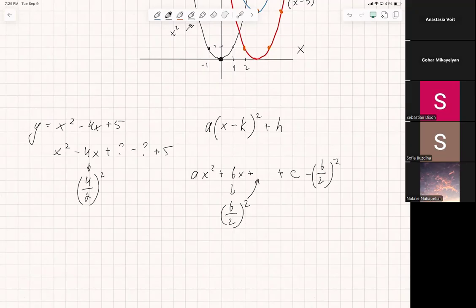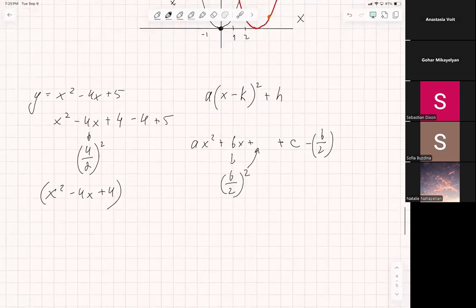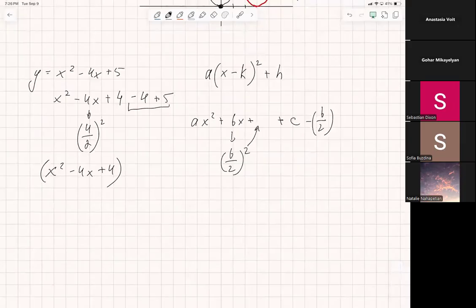What we have here is 2 squared, that's 4. So instead of these question marks, we put 4 here, and we have x squared minus 4x plus 4. That would be our perfect square. And then we have the leftover negative 4 plus 5, which is just plus 1, right?